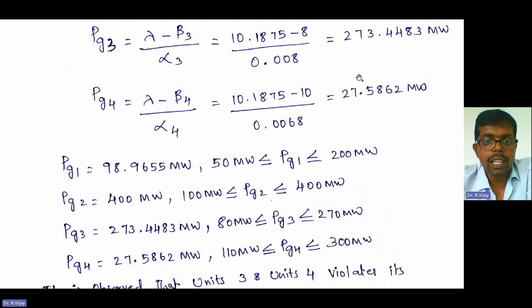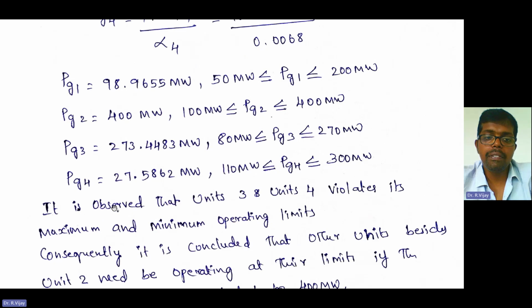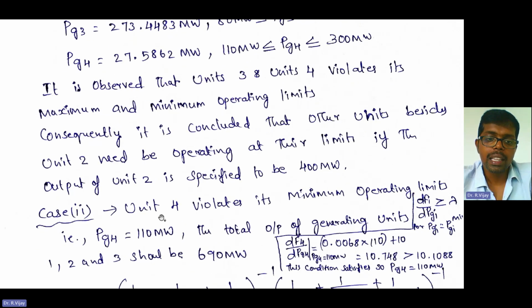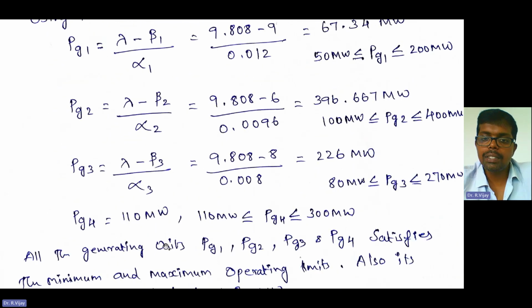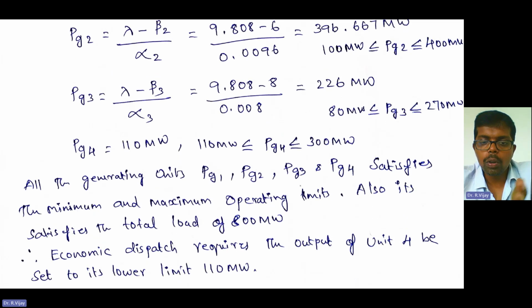Whatever generating unit we considered as 400 megawatt is not giving the economic load dispatch results, and it is also not satisfying the limits. So this should not be the economic load dispatch values. Whatever we considered in case number 2, that is PG4 as 110 megawatt, gives the economic load dispatch values, and also satisfies the minimum and maximum operating limits. Like that, you need to conclude this problem.